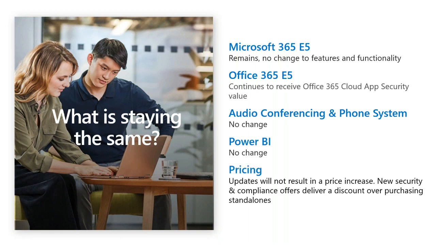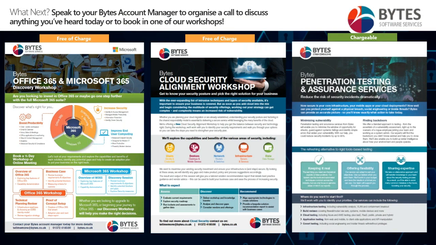Power BI, no change. And on pricing, all these updates to the SKUs will not result in any price increase, which is a good thing. And those new security and compliance offers deliver a discount over purchasing them standalone. So that's great. I think that's pretty much everything we have time to cover in today's session.